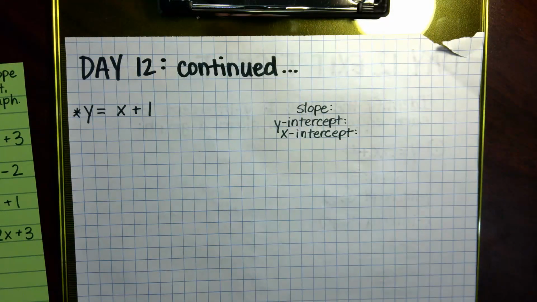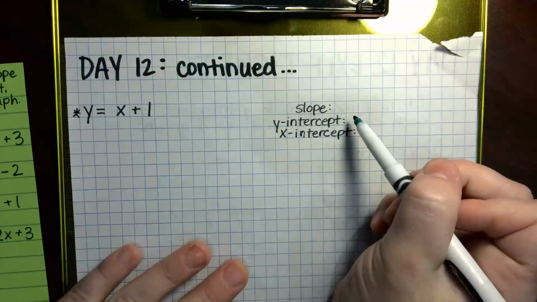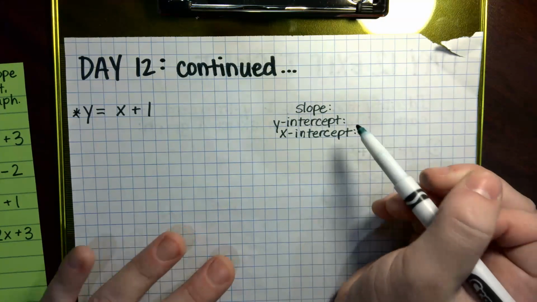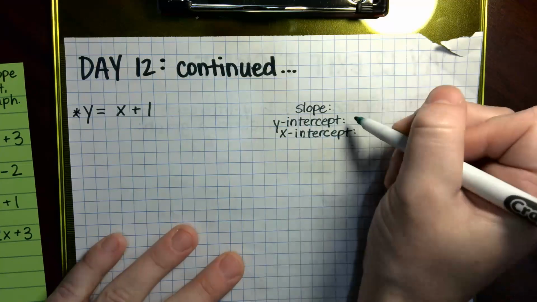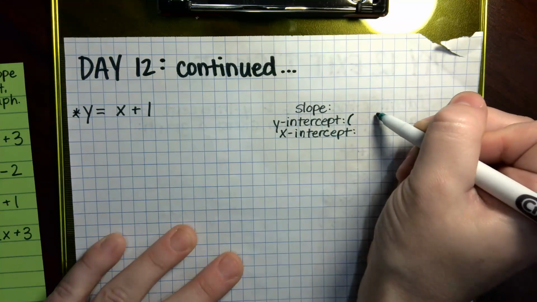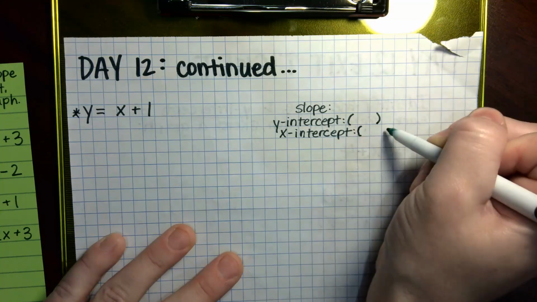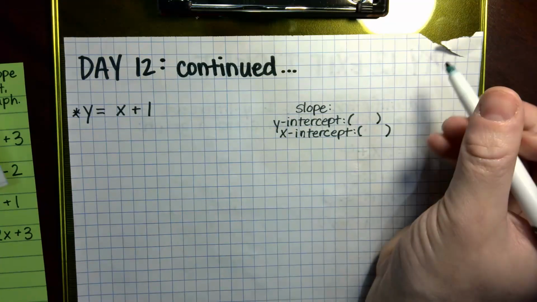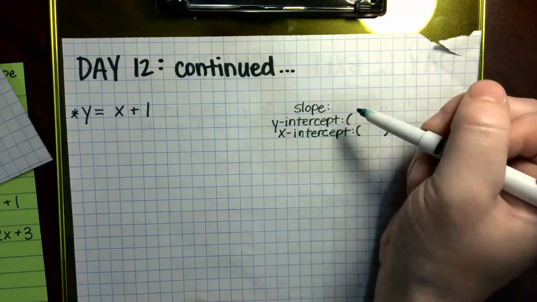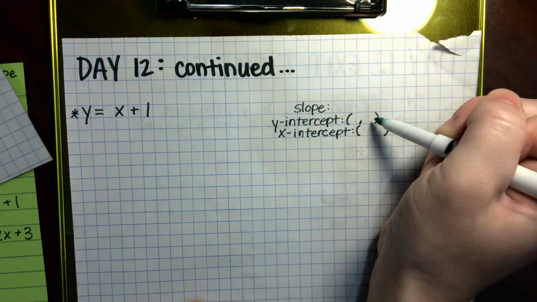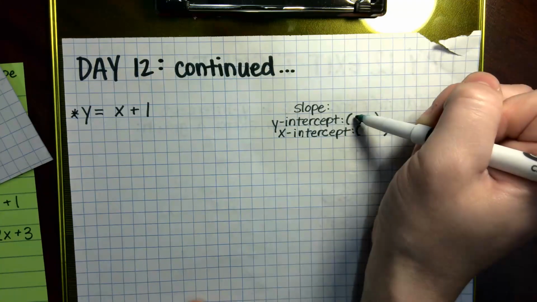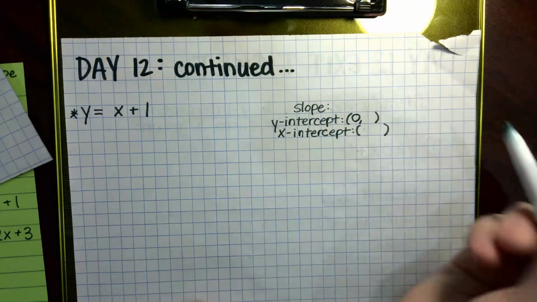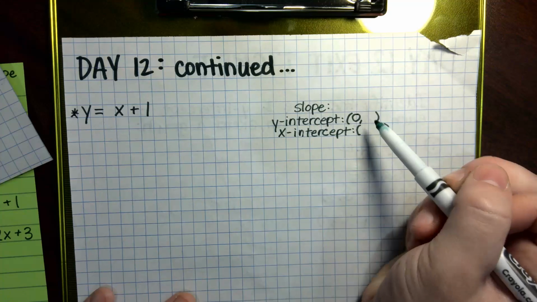So, to begin, I'm going to go ahead and write in for my y-intercept and my x-intercept. I'm going to put it in the form of a coordinate. And for my y-intercept, remember I don't know my y value, but I'm going to put a 0 for x so that I can solve for y.